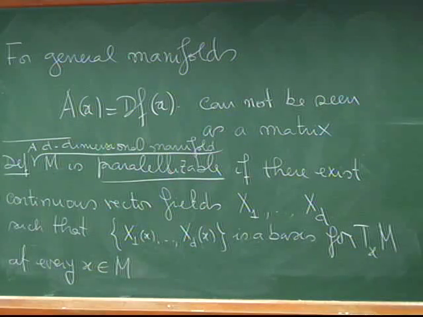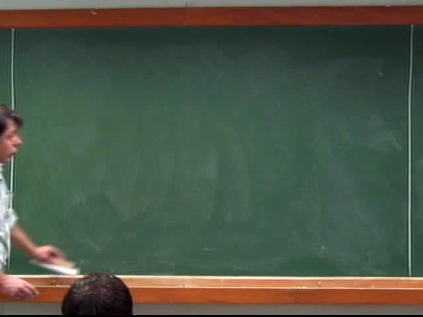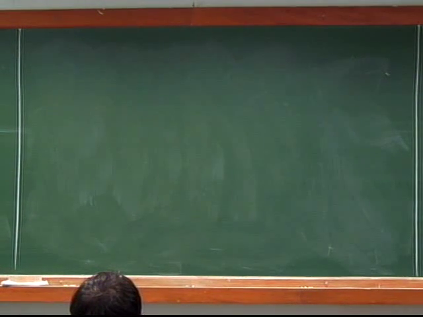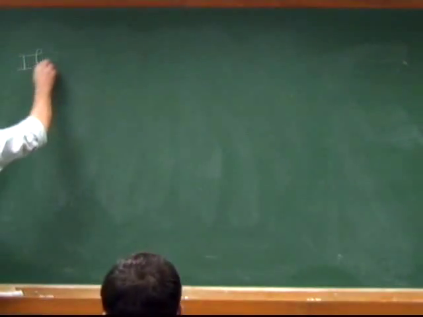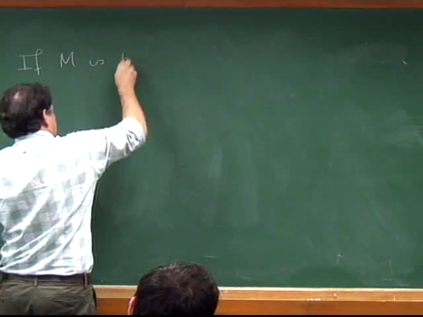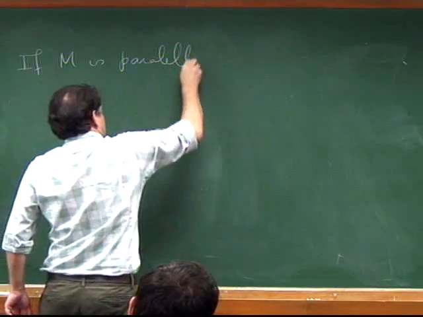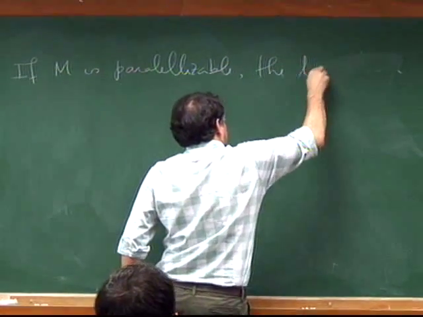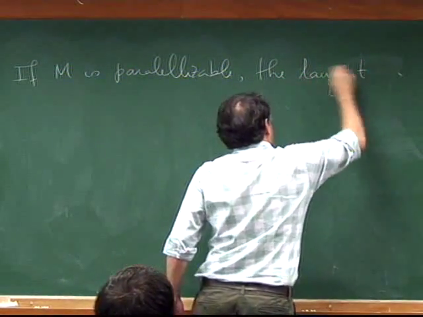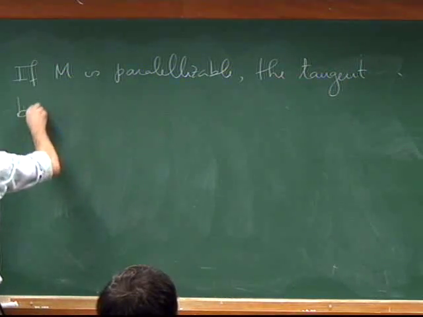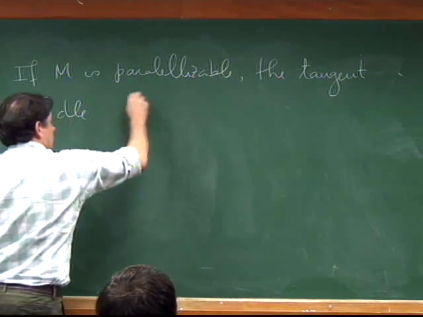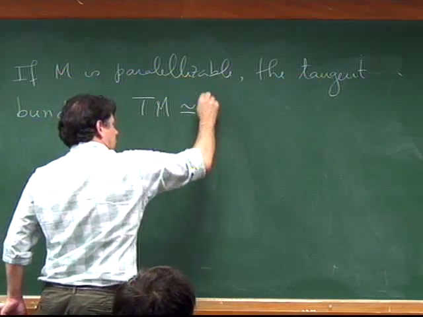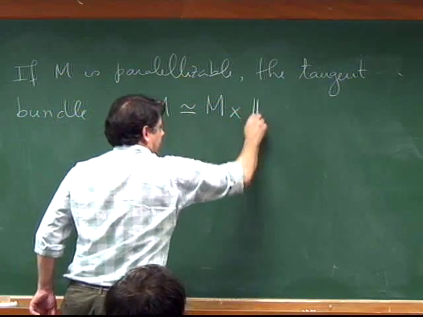Now, we shouldn't be too depressed by that. This does not mean that for general manifolds we cannot play this game. Just one observation: if M is parallelizable, the tangent bundle TM can be written as a product.